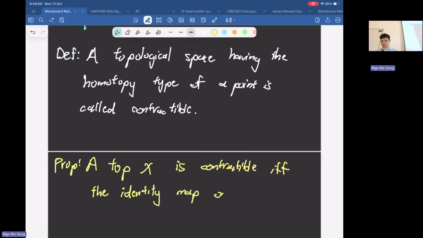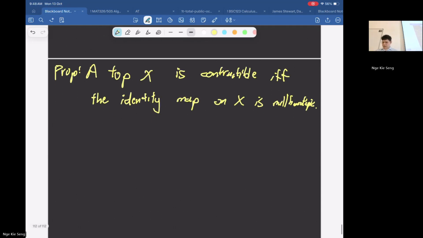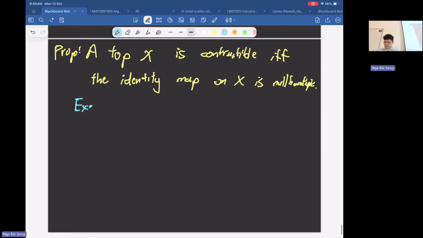I think this is pretty straightforward and easy to prove. We won't do it here, it is left as an exercise.